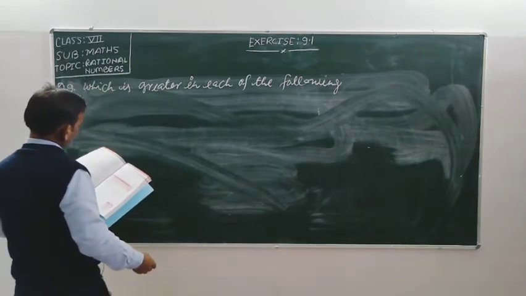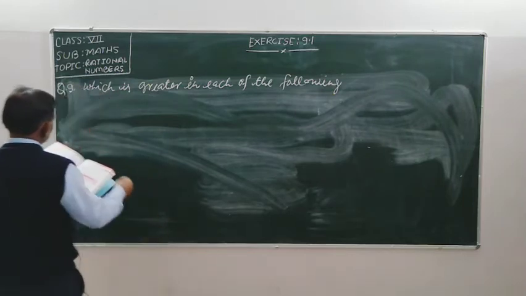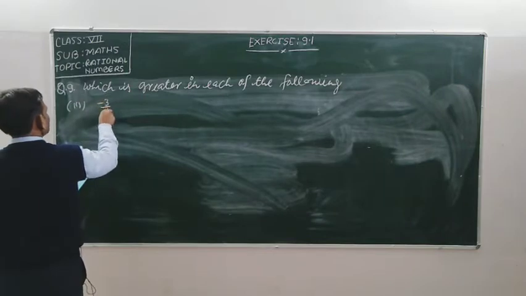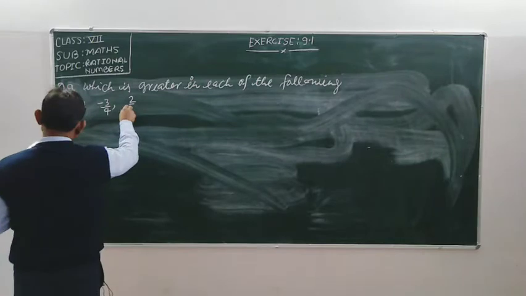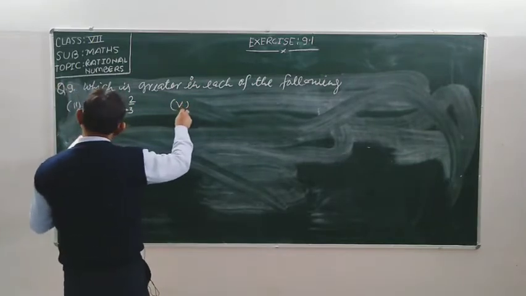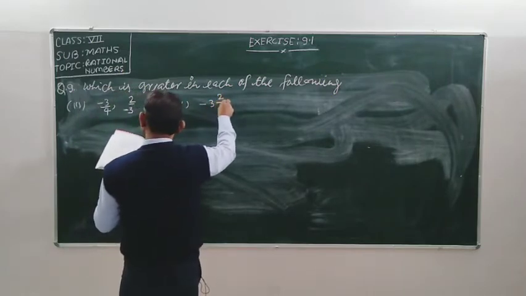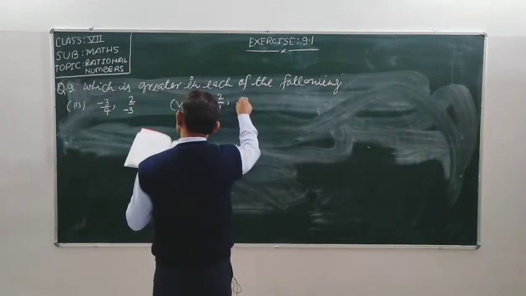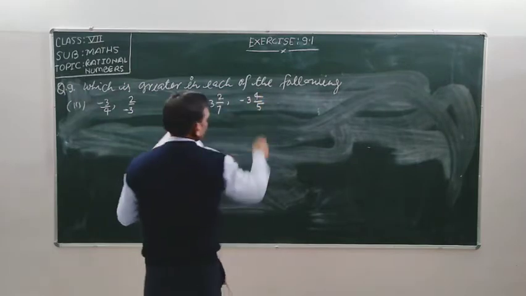I am taking only 2 parts here. Third part is minus 3 upon 4 and 2 upon minus 3. And I am taking the fifth part, that is, student, minus 3 whole 2 upon 7 and minus 3 whole 4 upon 5.